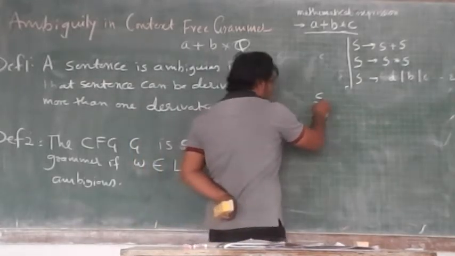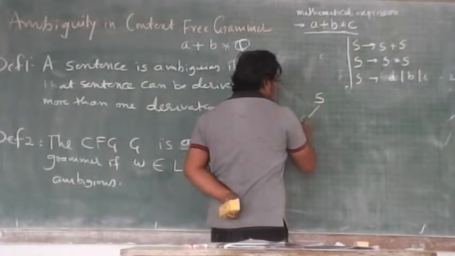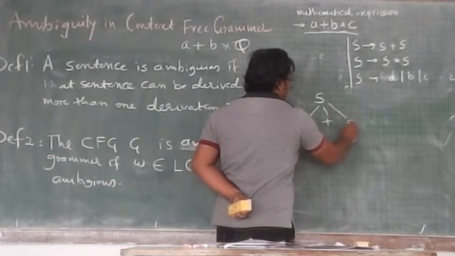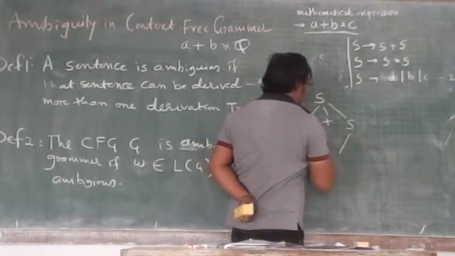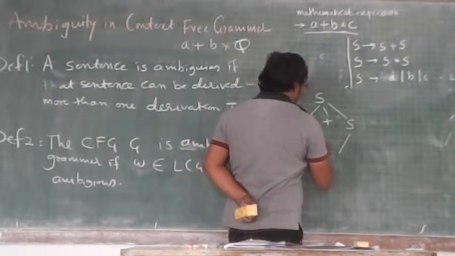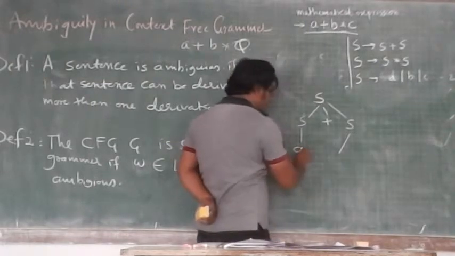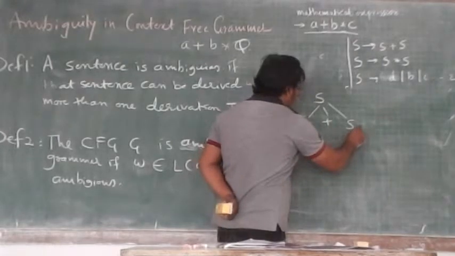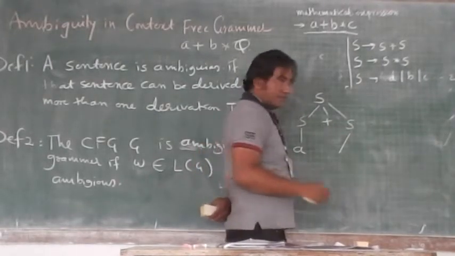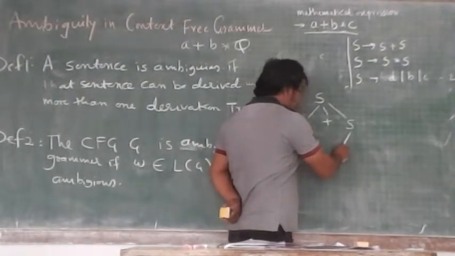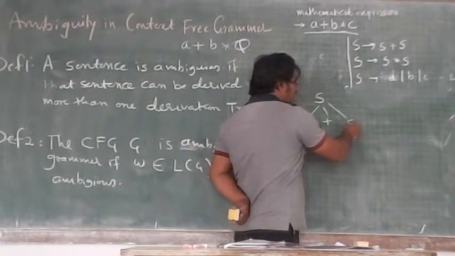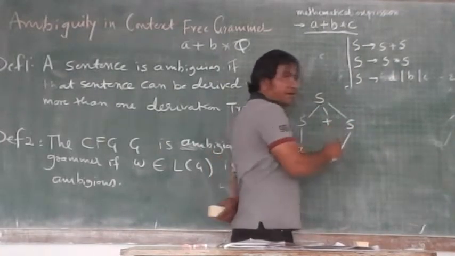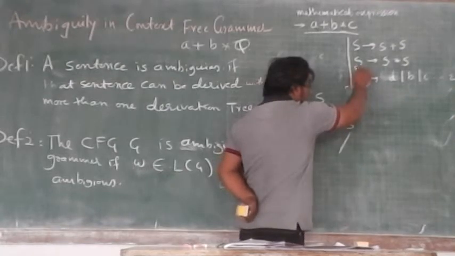How should I draw? I should start with S plus S, and this S I can reduce to A, and this S I can expand by applying the second production.